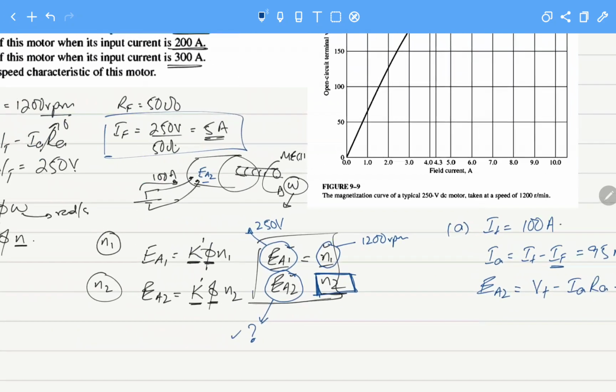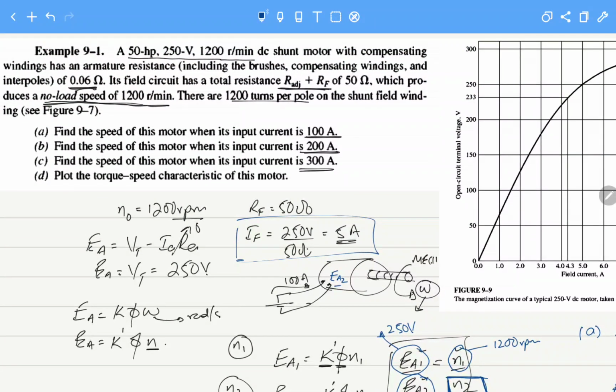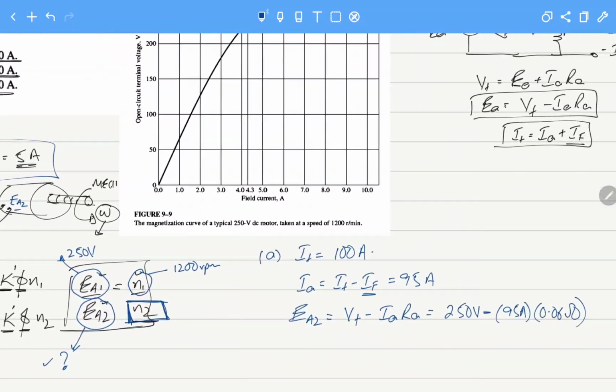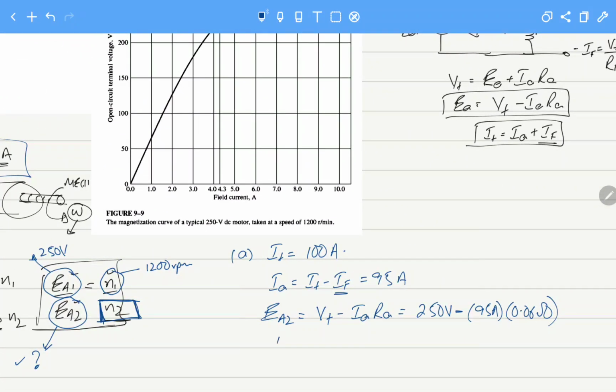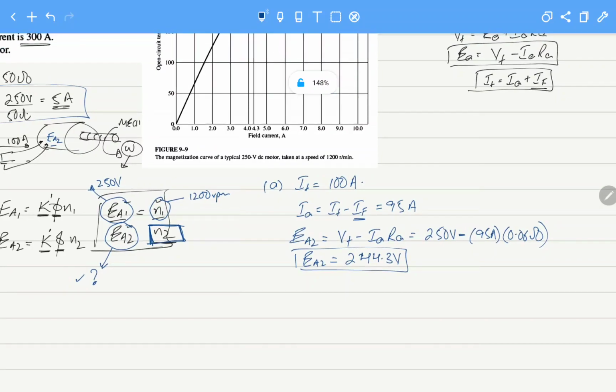This is also given, it is the value of the armature resistance. So EA2 will become 244.3 volts. After loading, the internal generated voltage has become 244.3 volts.